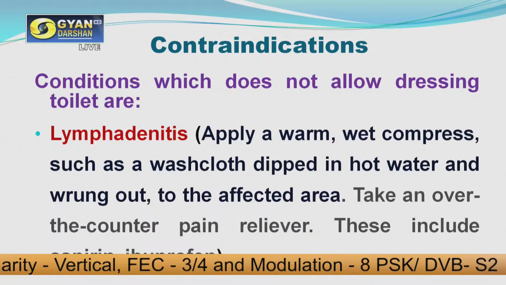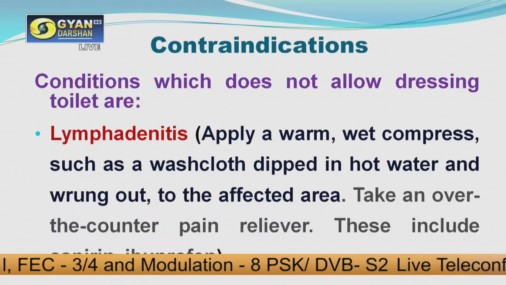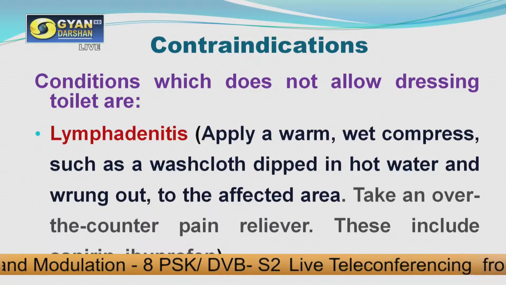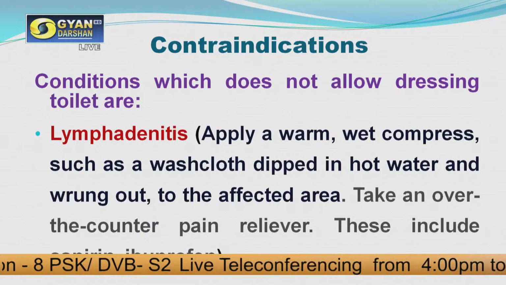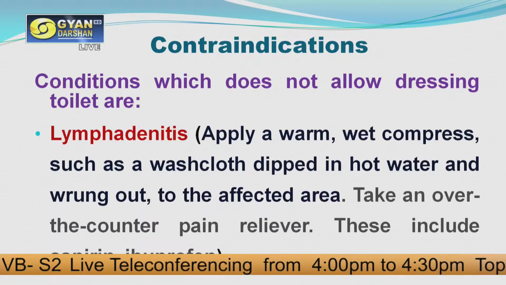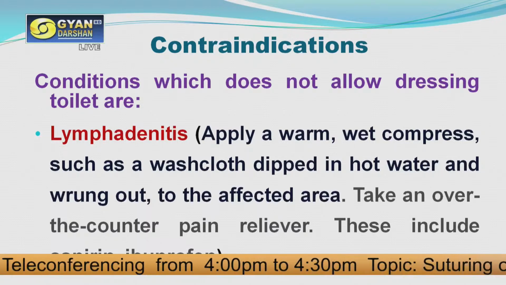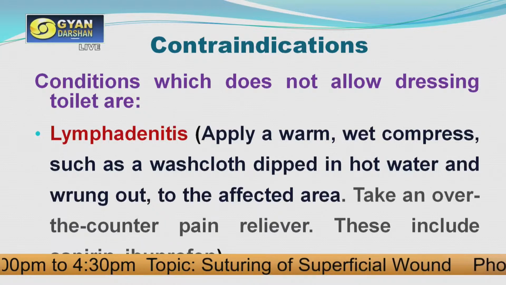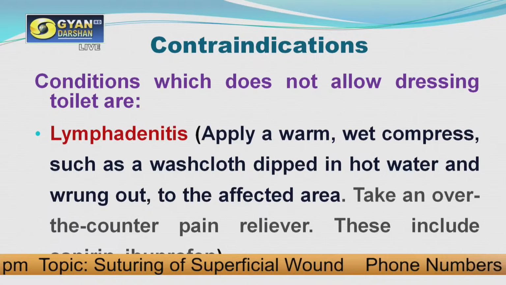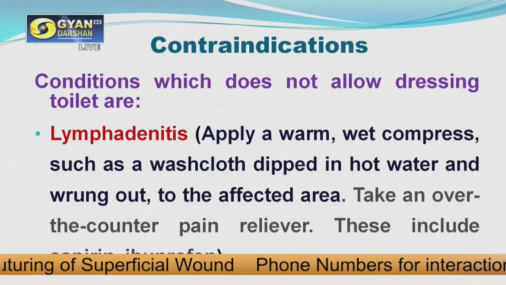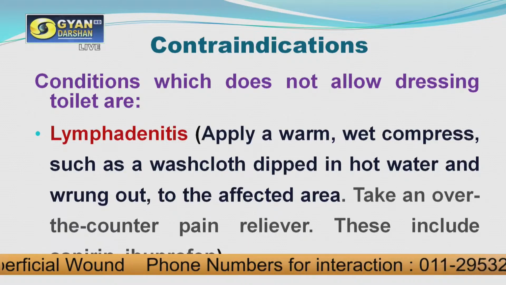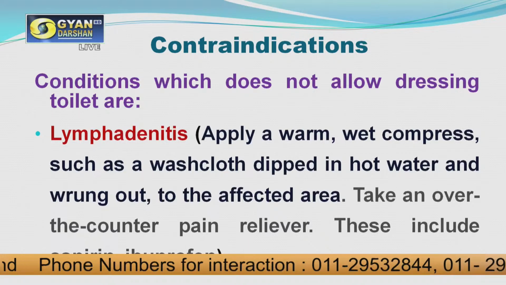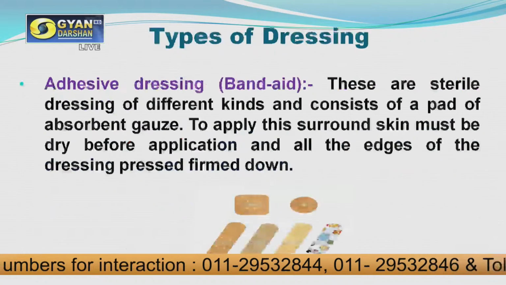You can apply that damp cloth on the sore area rather than doing the dressing. Take an over-the-counter painkiller if there is too much pain, because lymph node swelling can be very painful. You can even advise aspirin or ibuprofen in those cases, rather than doing the dressing.